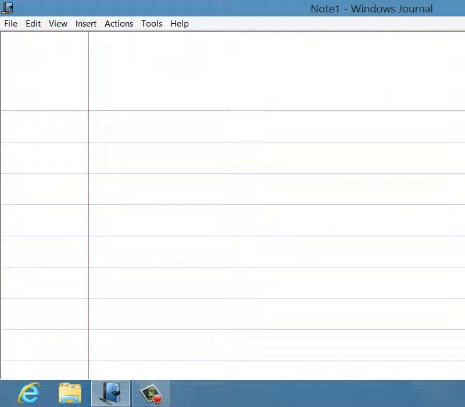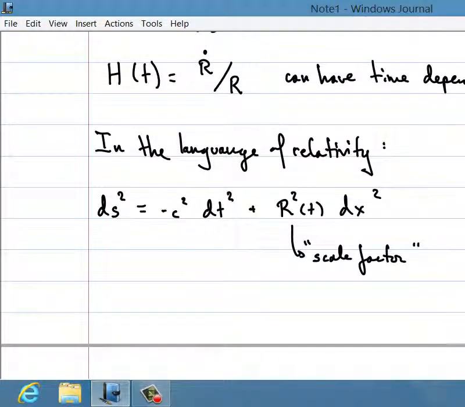So, for example, if you take two events that take place at the same time t, but at different locations, then the distance between those two events, the proper distance as measured by this invariant interval, will change depending on the time at which these events took place. That's just a mathematical way of saying that space itself is changing as a function of time.